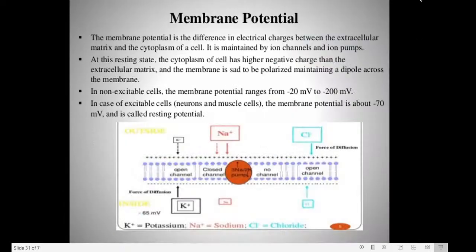Then the membrane potential. The membrane potential is the difference in electrical charge between the extracellular matrix and the cytoplasm. The external surface has a positive charge and the internal surface has a negative charge. Once you receive signals from the external surface, that makes some charge imbalance. That imbalance is overcome and balanced by the ion channels.